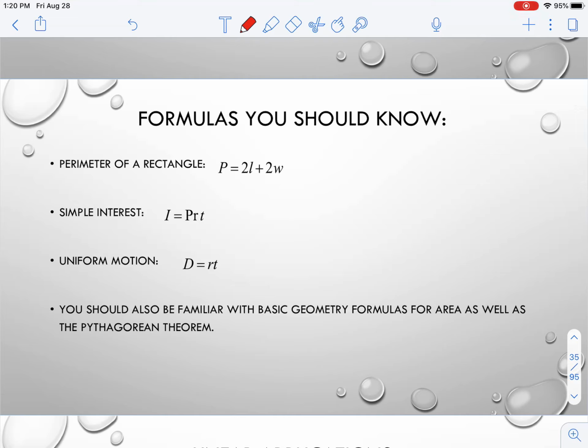Additionally, you should be familiar with the basic geometry formulas. Area and volume for your basic shapes: squares, rectangles, triangles, circles, trapezoids. Am I going to expect that you know the surface area formula for a triangular pyramid?